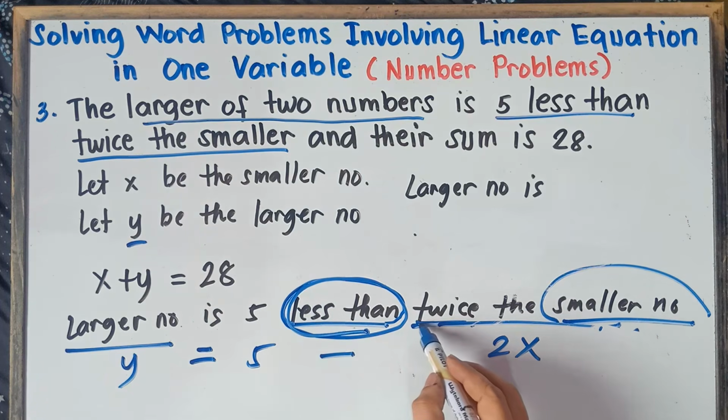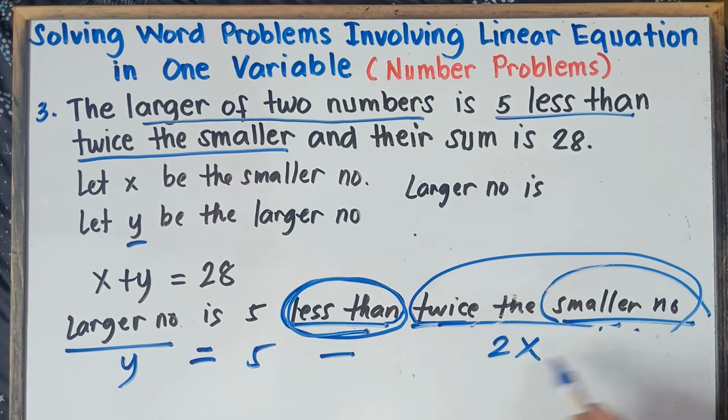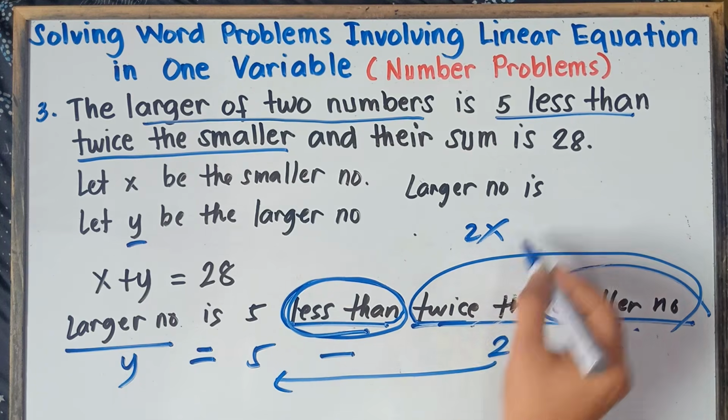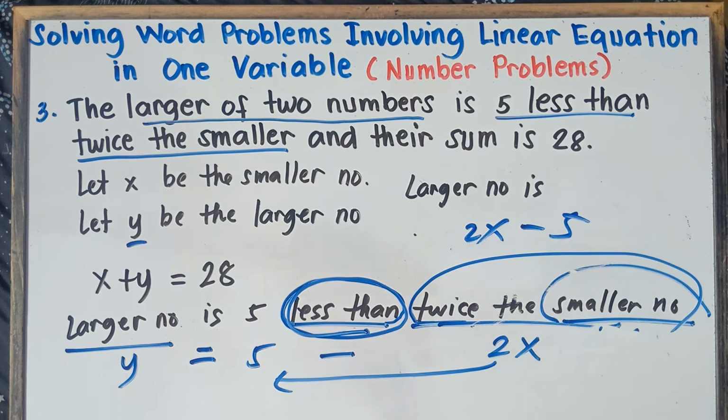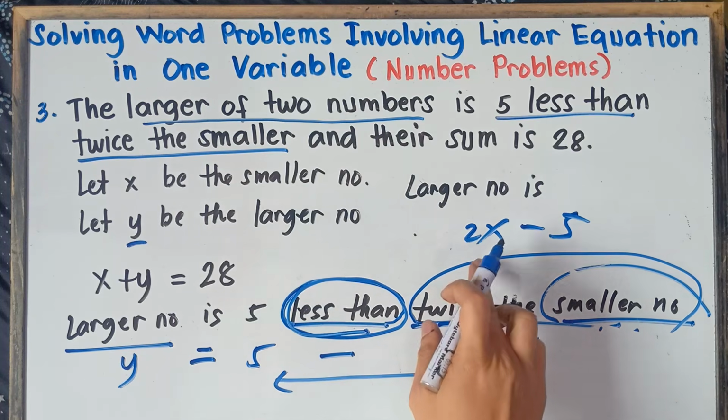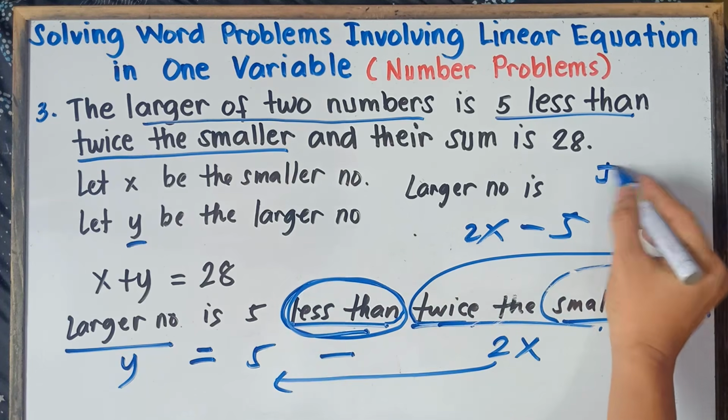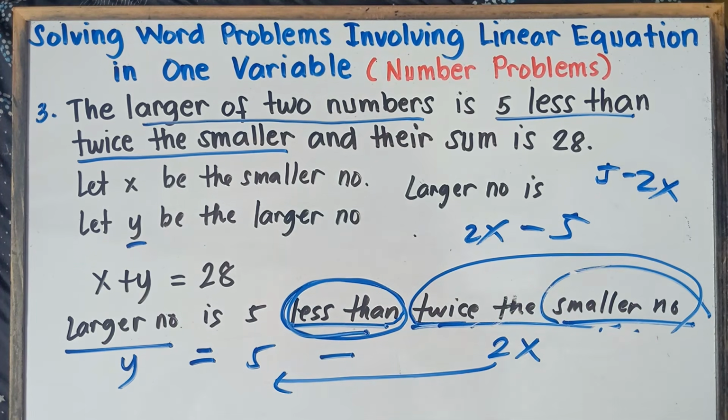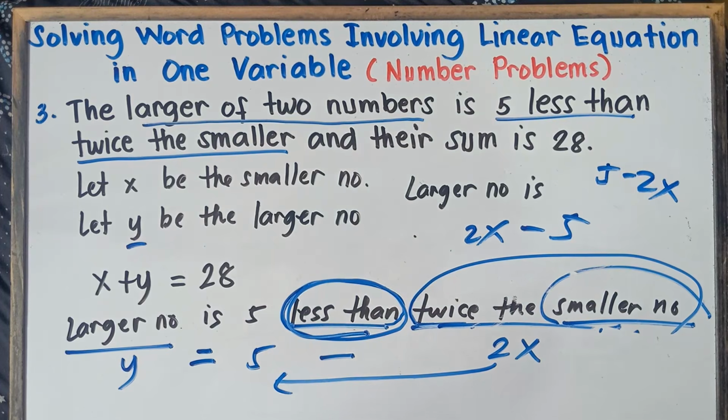Therefore, twice the smaller number comes first. So 2x comes first, copy the minus sign, and then 5. It should be 2x minus 5, class. If you write 5 minus 2x instead, 100% you will commit a mistake in the equation.